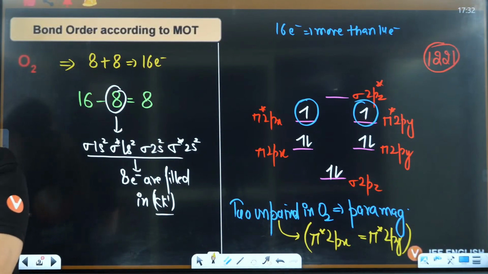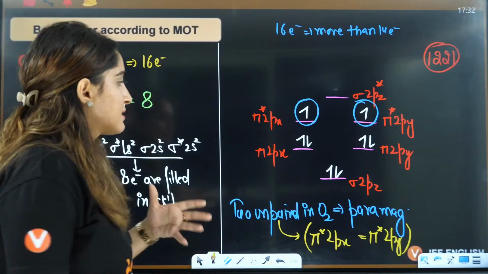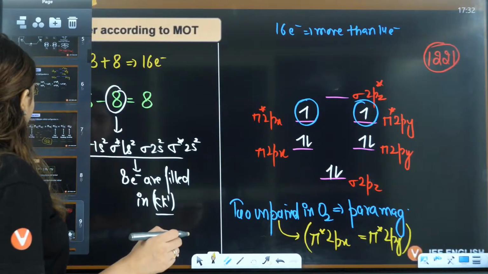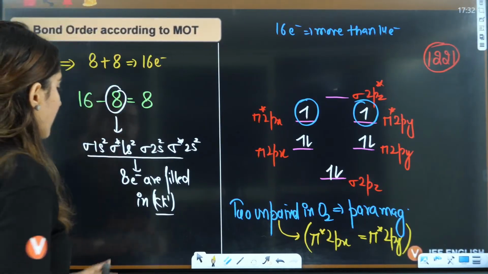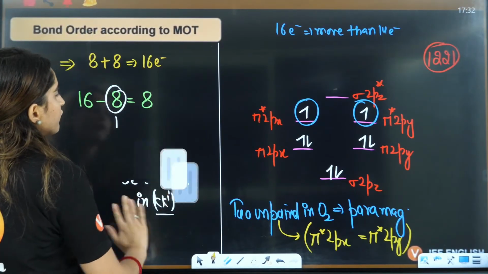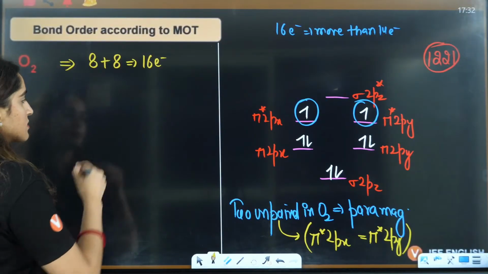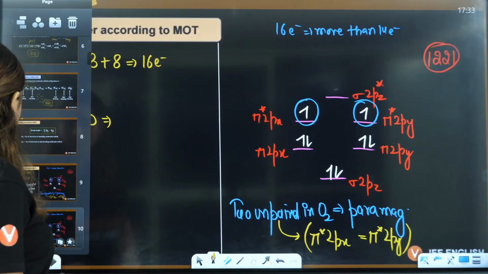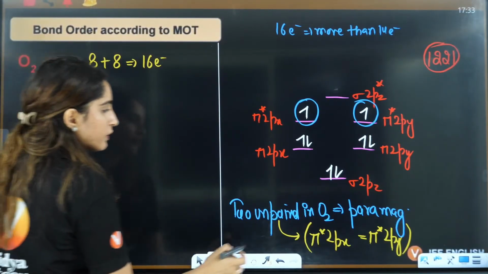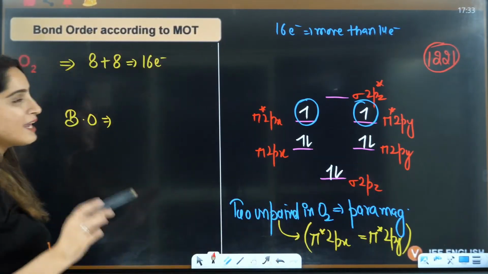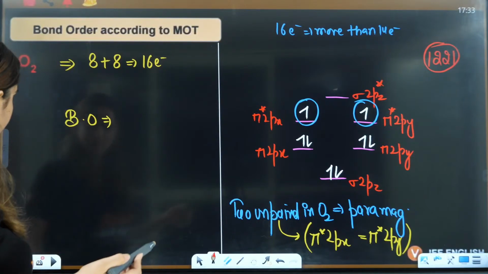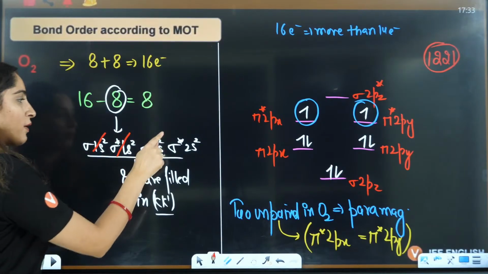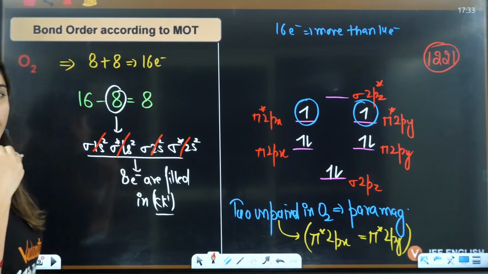If you have to answer me the bond order here, how will you answer? In KK star, bonding and antibonding are the same, so we don't need to write it.